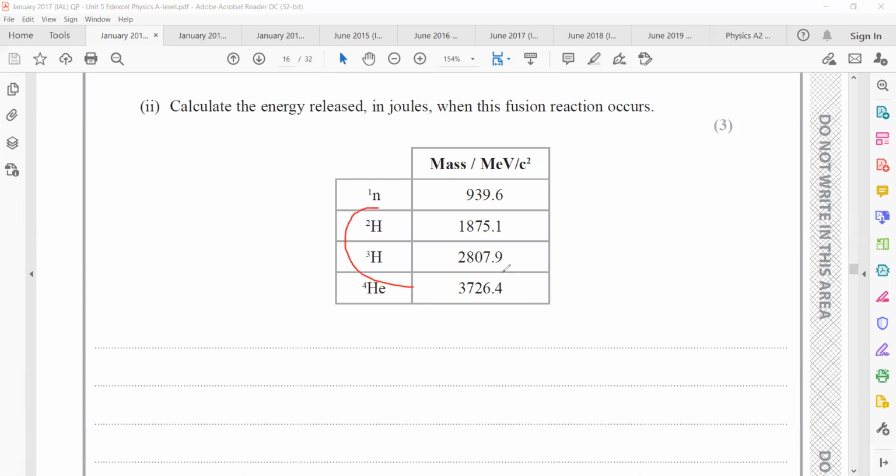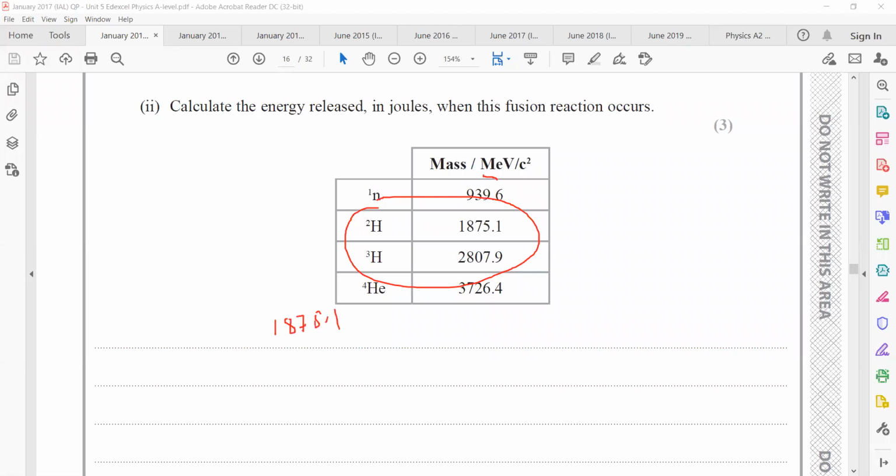So for the hydrogen isotopes we add the two masses, then for helium and the neutron we add their masses, and then we take the difference.